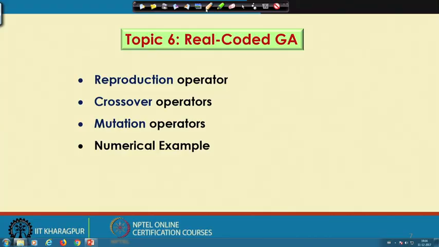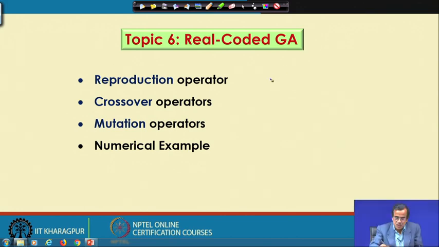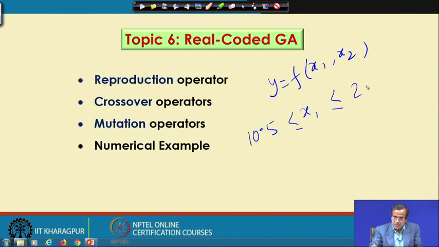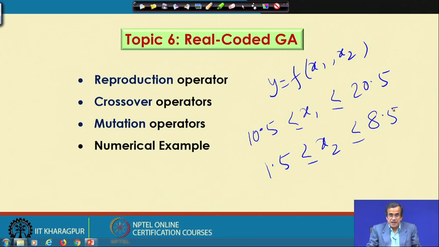For example, say I have a function of 2 variables, y is a function of x1 and x2. Say x1 lies between 10.5 and 20.5 and x2 lies between 1.5 and 8.5. So both the variables are real, and if I want to solve the optimization problem involving this type of variable, it is better to go for the real coded GA.